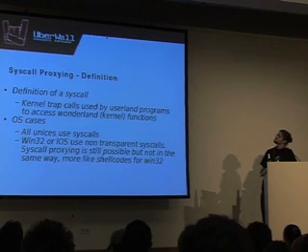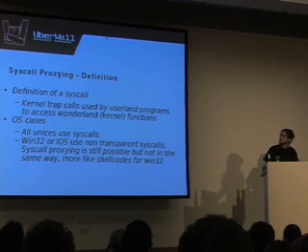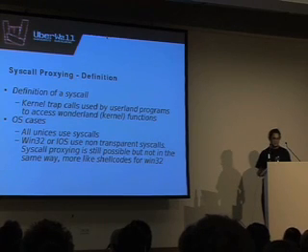Just a little comeback about what a syscall is. I mean, everybody knows what a syscall is. That's just a kind of kernel trap used by user programs to access kernel functions. It's well known by shellcode writers and other guys who play with this kind of stuff.